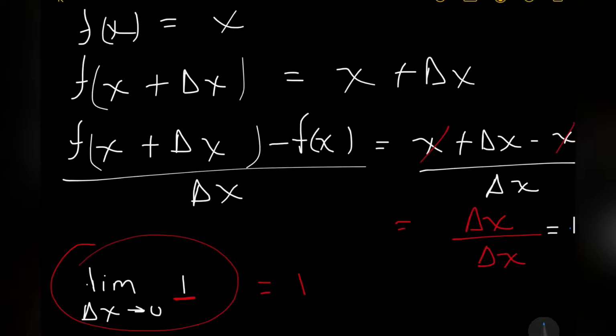So here we have proven that our derivative of x is equal to 1. If you remember from the introduction to calculus, if we have a function y equal k, where k is a constant, then the derivative of that constant would be 0. And we're going to use first principle again to prove that.